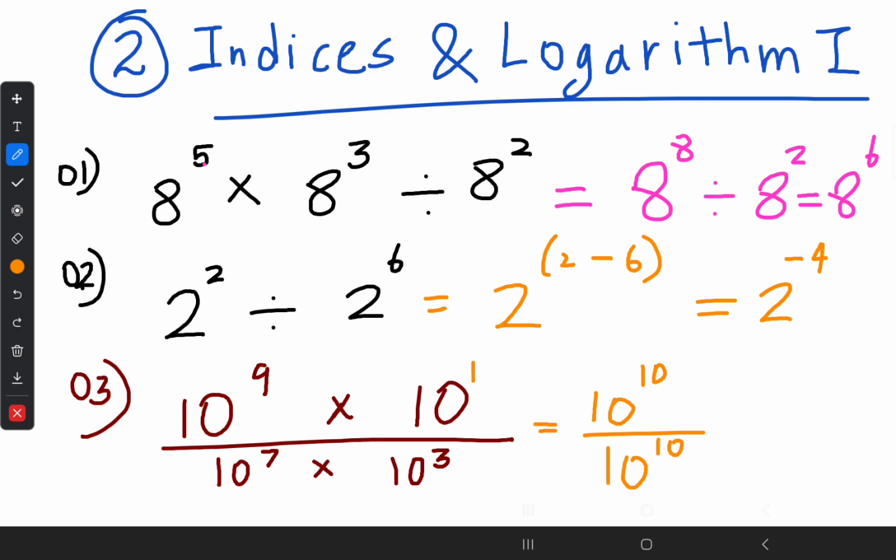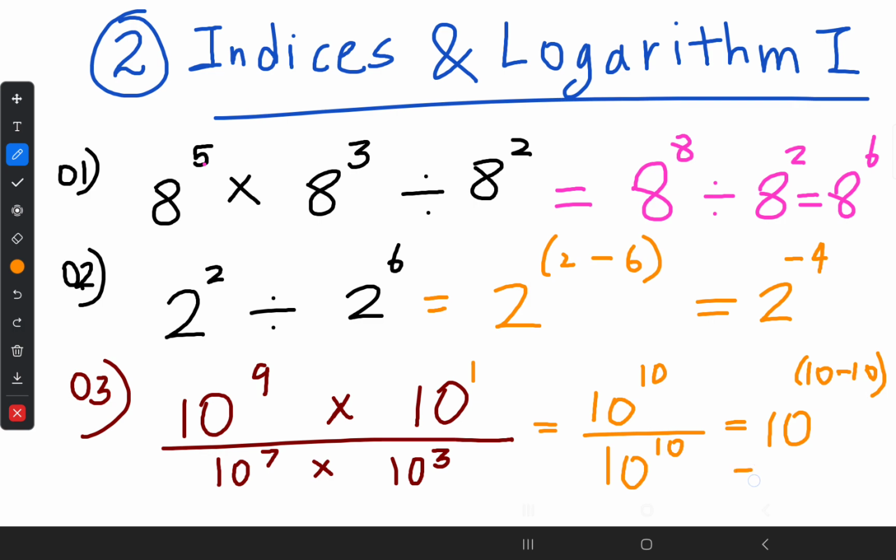Here there is a division. So that means 10 from the power 10. Now I'm talking about the indices. From the power 10, I'm going to subtract another 10. Base 10, in the index we are subtracting 10 from 10.